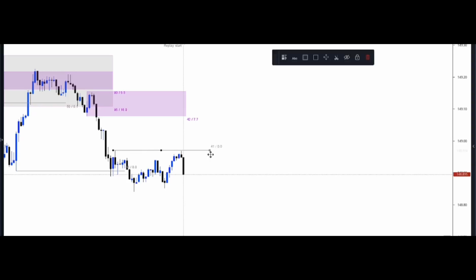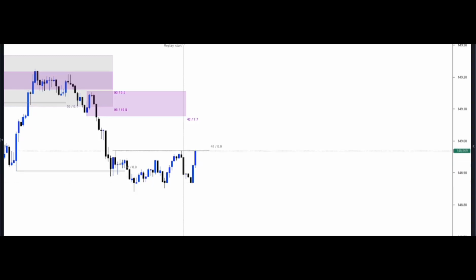So let's see whether inducement will be taken out with a candle wick or so. Okay, so inducement has been taken out. Price took out the previous candle's high and then closed below it. This will become our area of interest here. This one. So if price comes back to it, to tap into this, we want to go short.